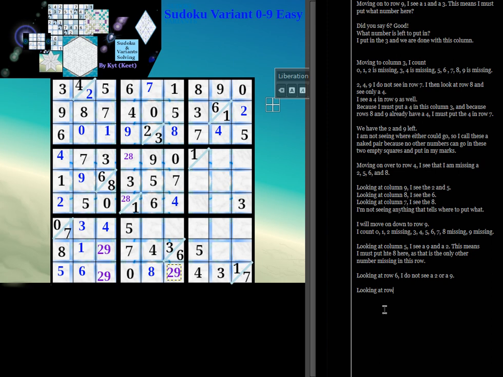Looking at row 8, I need a 0, and that 0 can't go in column 3. So I must put it in column 8. There already is a 0 in column 9.